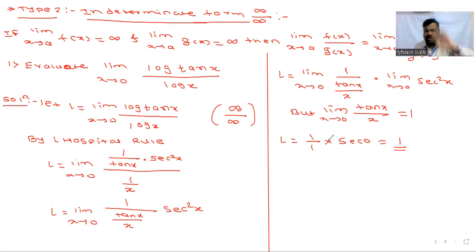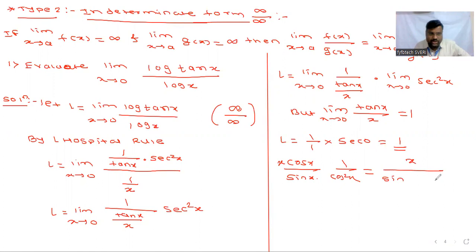Okay. If it seems too difficult, do some work on this. What can we do with tan x? It becomes cos x upon sin x, into x. Is it correct? What does sec square become? 1 upon cos square. So what does this become? 1 cos gets cancelled, x divided by sin x into cos x. 1 divided by sin x into cos x. Just simplify. Multiply by 2, 2x divided by sin 2x. As you're observing, limit x tends to 0, sin 2x upon x is what? 1.